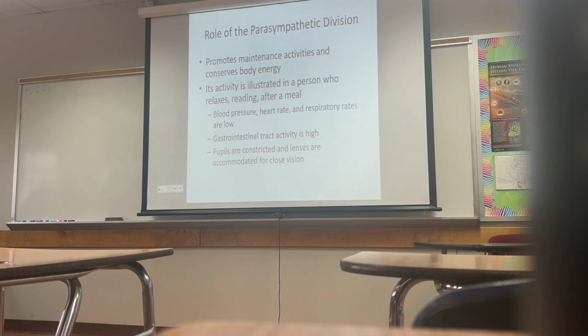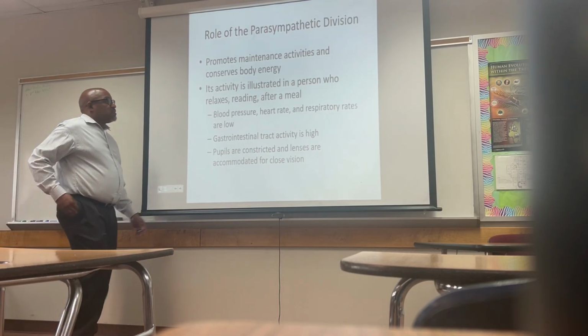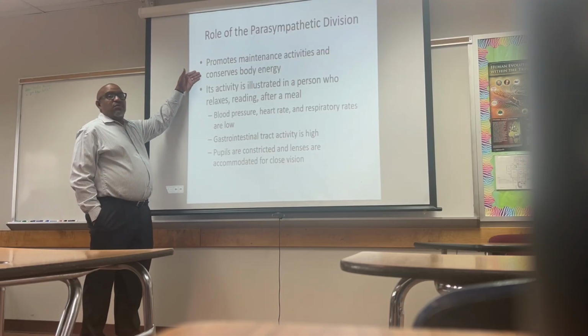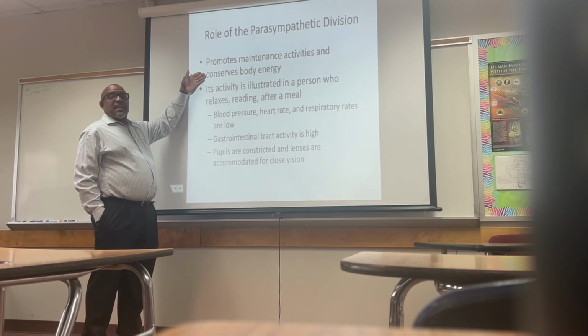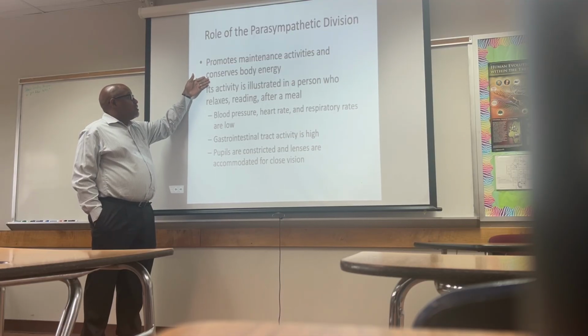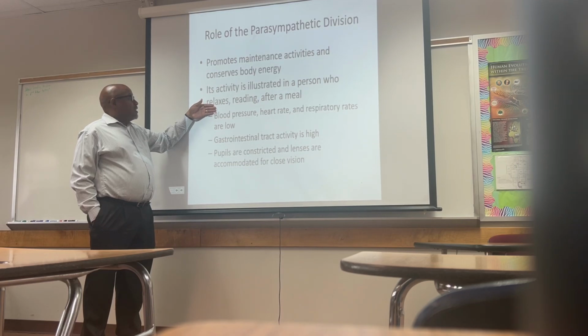Parasympathetic is resting and digesting. Sympathetic is fight or flight. So, parasympathetic division of the nervous system promotes rest, maintenance activities, conserves energy. Reading a book, relaxing after a meal is parasympathetic.